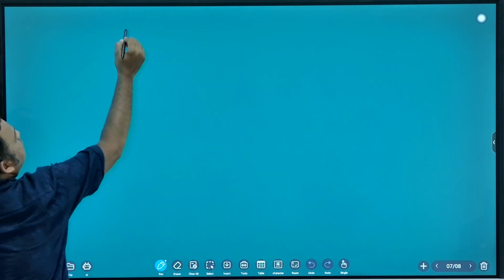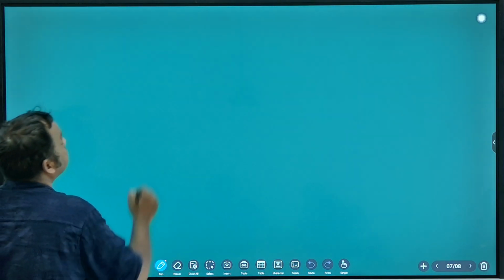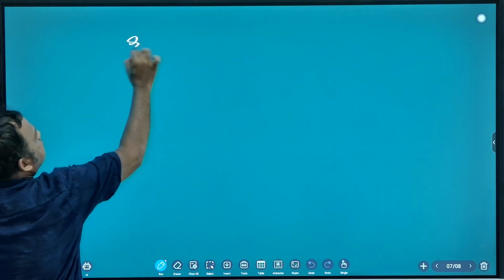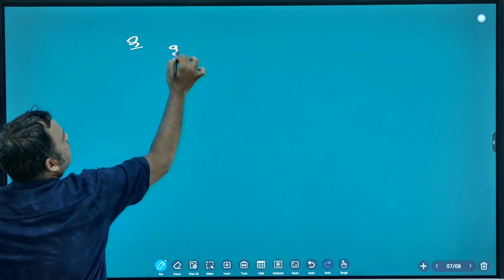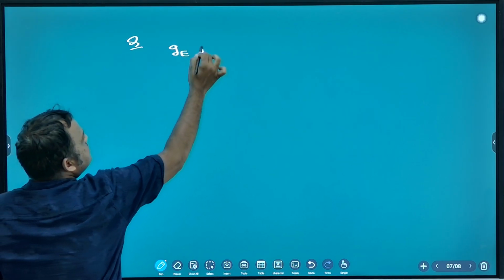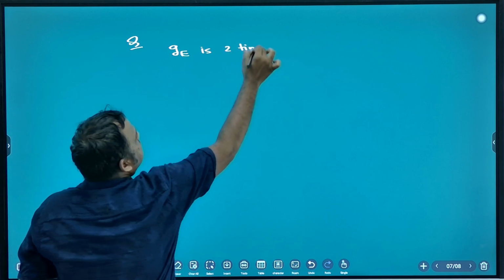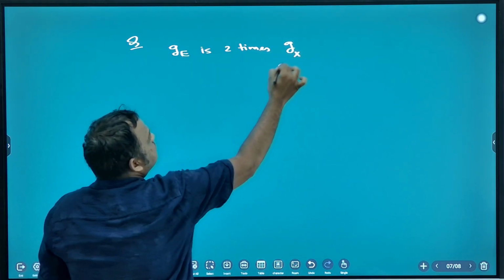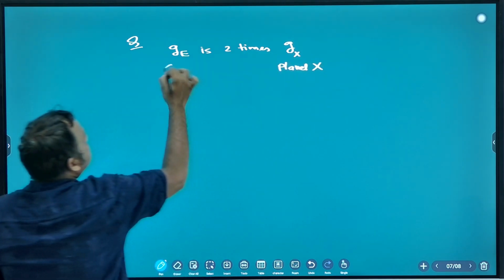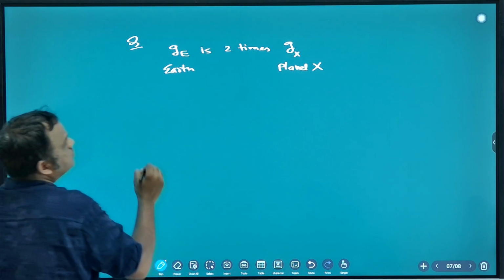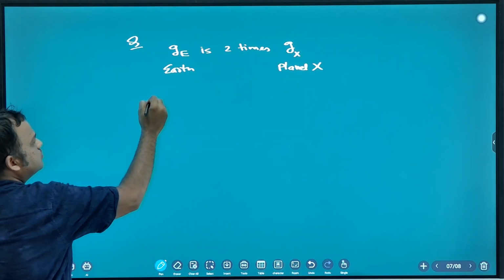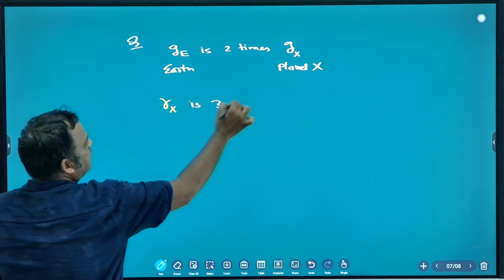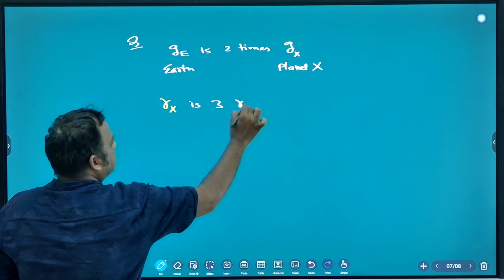Okay, next question you write down. Gravity on earth is 2 times gravity of planet X. Radius of planet X is 3 times radius of earth.